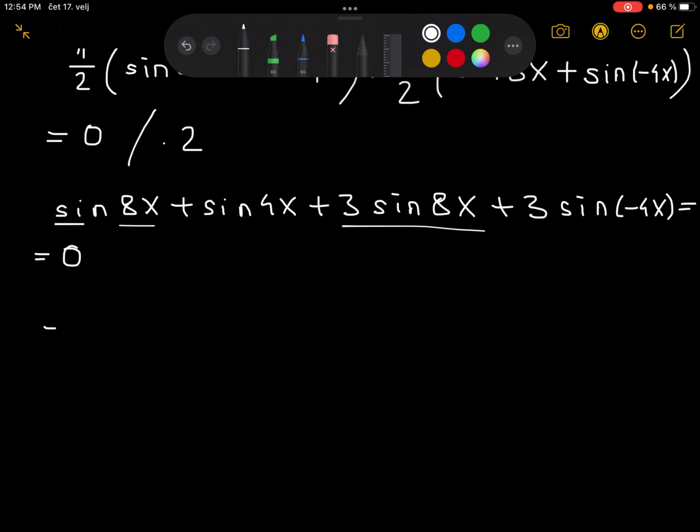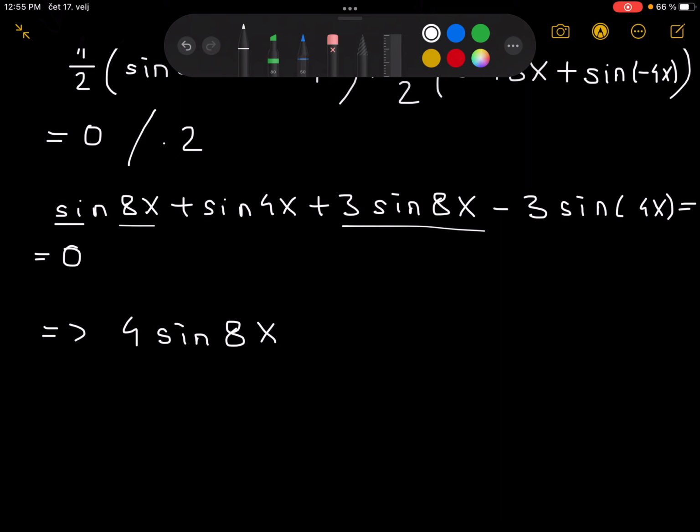So that will give me 4 times the sine of 8x, and for this part, since sine is an odd function, sine of negative 4x is just the same as the negative sine of 4x.